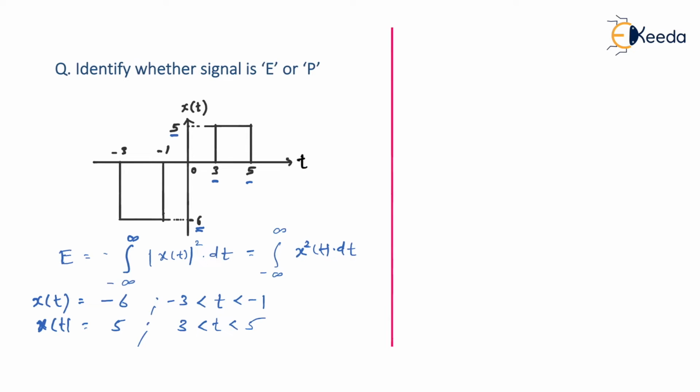So now we will have two possible integrations here. The first integration would be ranging from minus 3 to minus 1 and the other one would be ranging from 3 to 5. So now I'm writing that formula, energy is equal to integral from minus 3 to minus 1 of x square of t dt plus integrating over 3 to 5 x square of t dt.